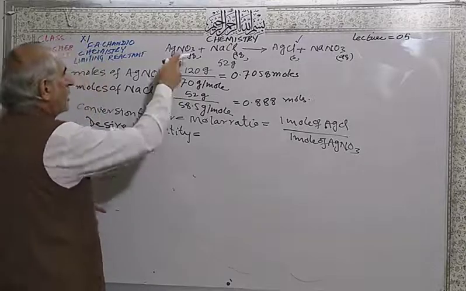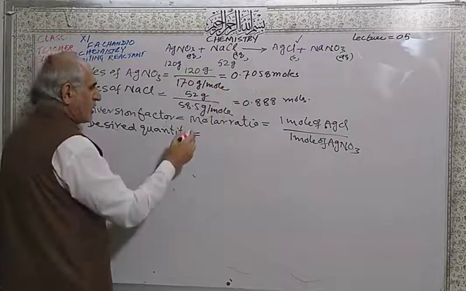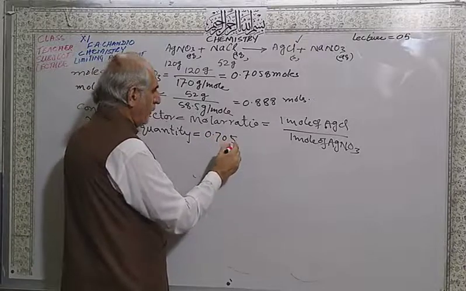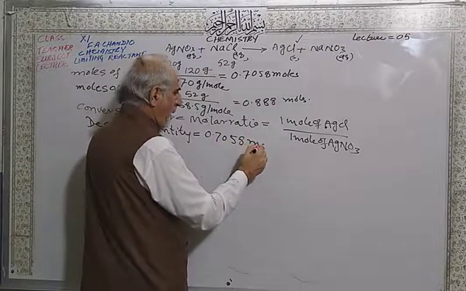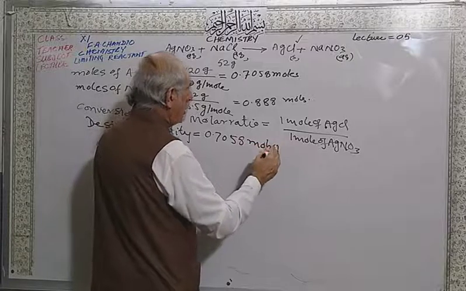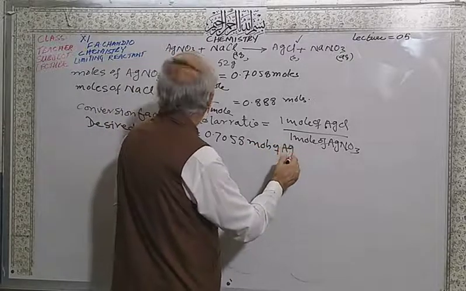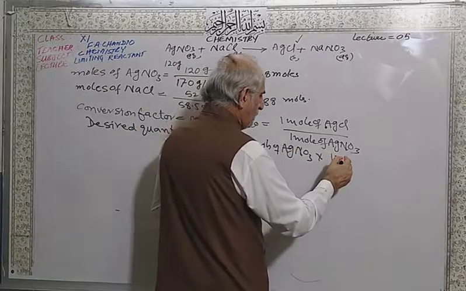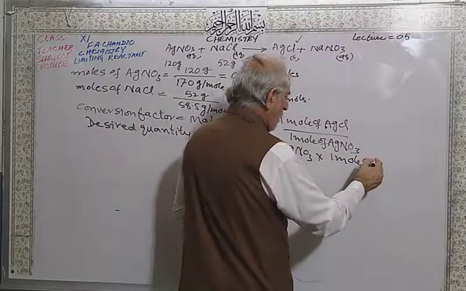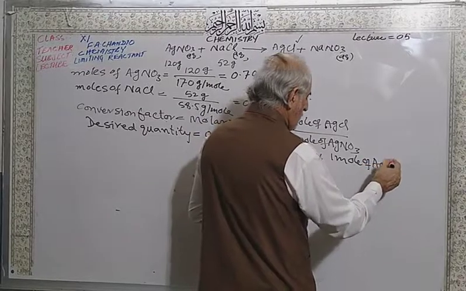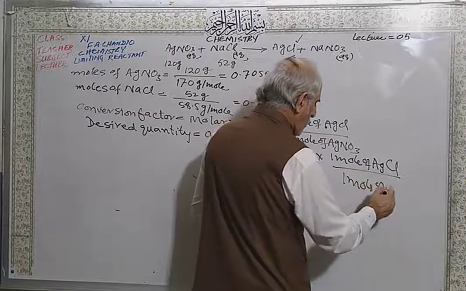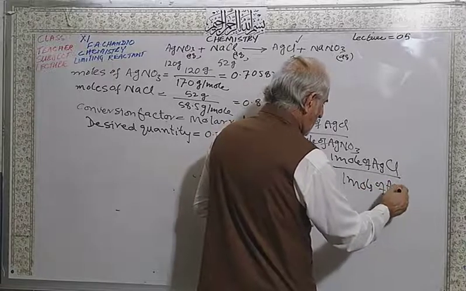So for silver nitrate, the number of moles is 0.7058 moles of silver nitrate multiplied by 1 mole of silver chloride divided by 1 mole of silver nitrate.